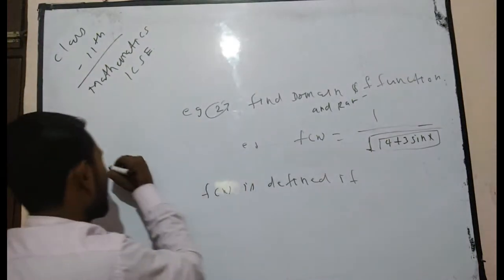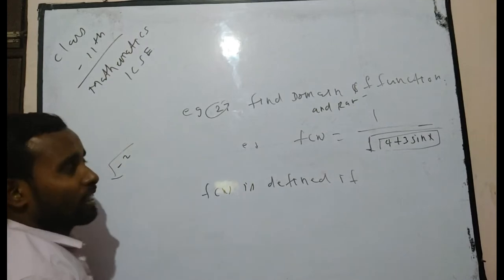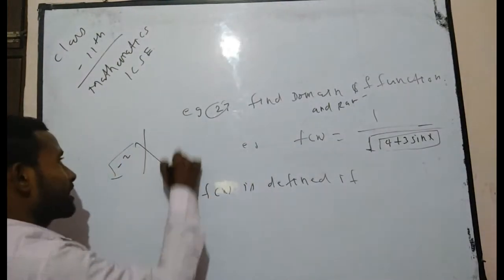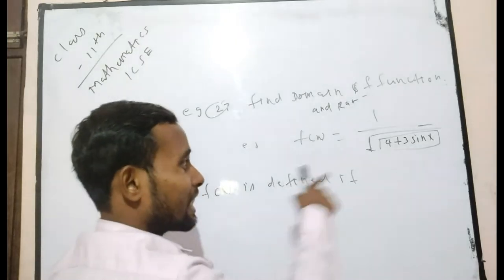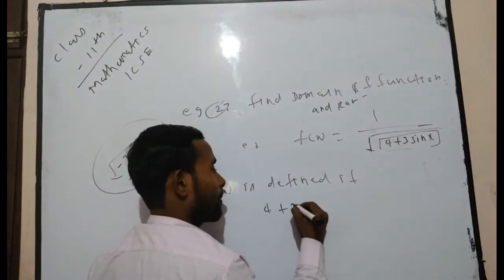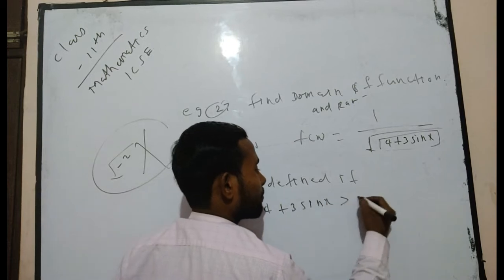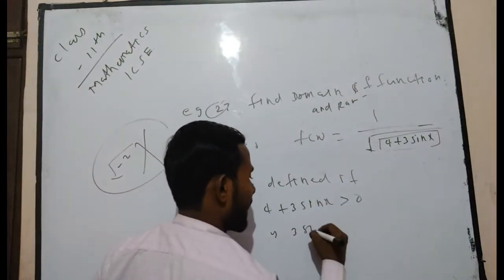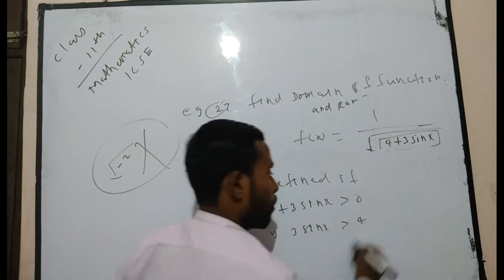As you know that negative, suppose that minus 2, it is not defined for real number. It does not come in a set of real numbers. So you can't consider negative in a square root. So you have to take if 4 plus 3 sin x is greater than 0. That implies that 3 sin x is greater than minus 4.